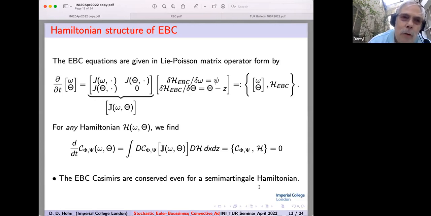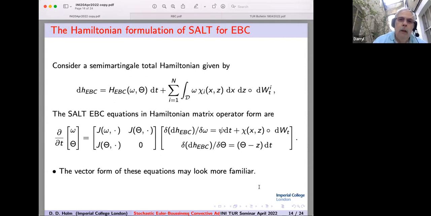It's still Hamiltonian and it still describes motion on the level sets of these Casimirs, but now it's stochastic. This is the stochastic advection by Lie transport. And the Lie transport shows up when you take the variational derivative of the semi-martingale Hamiltonian.